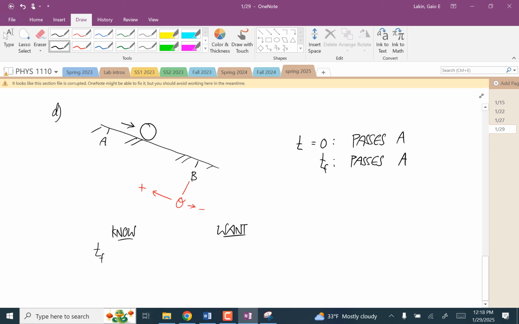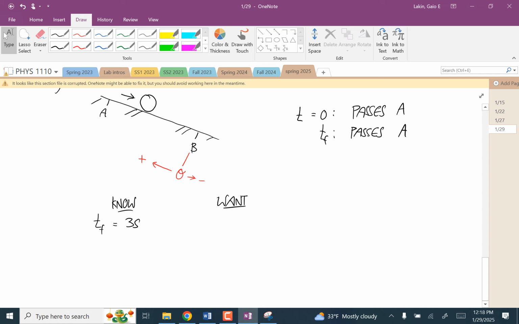Time final is still 3 seconds. We still don't know acceleration, just like we didn't before. Our initial position, okay, now we've chosen our 0 position to be at B.